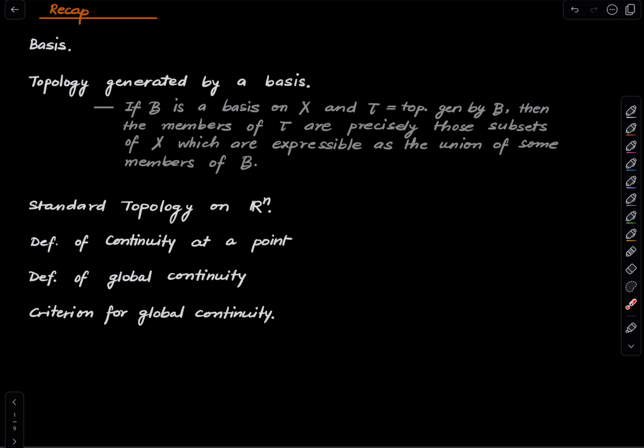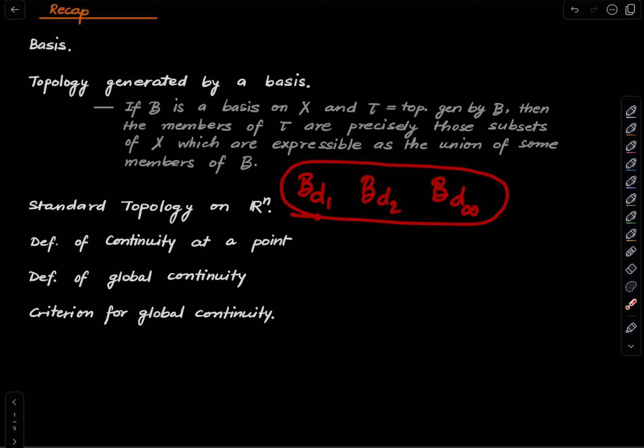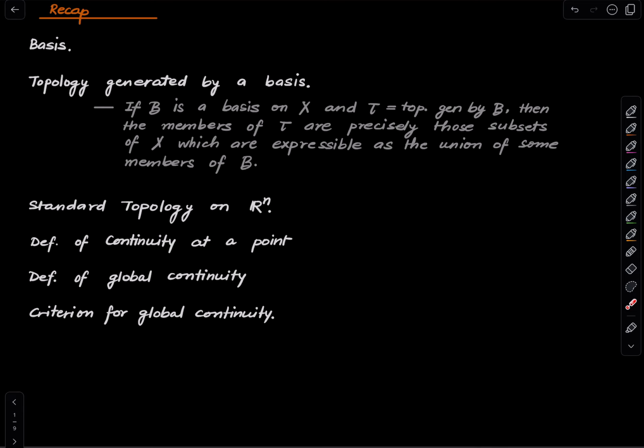So we saw that the topologies generated by all these three bases are the same. Whatever that topology is, we call it the standard topology on Rn. So there are at least three ways of looking at the standard topology on Rn. Choose whichever distance you like, L1 distance, the Euclidean distance, or the infinity distance, whichever is more convenient in the context.